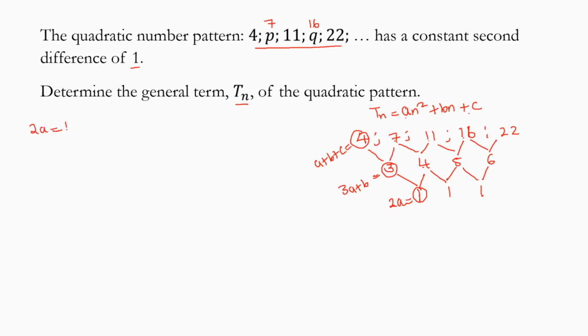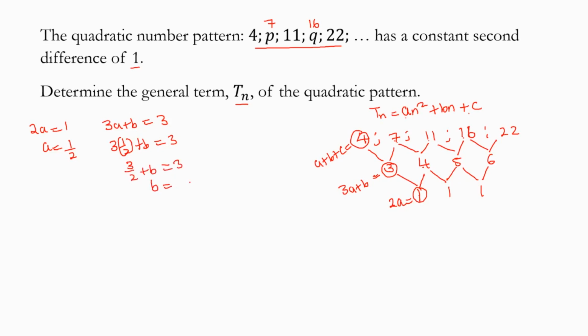Right, let's find our A, B, and C. 2A is equal to 1, so meaning that A is equal to 1 over 2 after dividing both sides by 2. We're done. We found our A, and then we go to the second one. 3A plus B is equal to 3, meaning that where there's A, we put half. 3 times 1 over 2 plus B is equal to 3. 3 times half is 3 over 2, plus B is equal to 3.